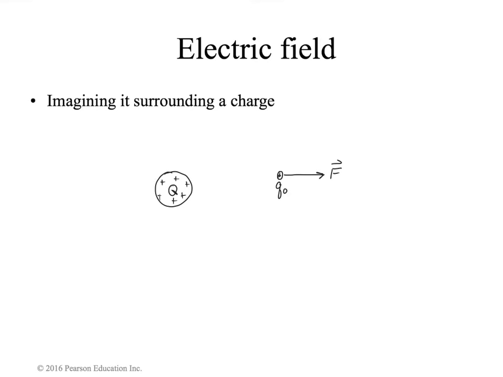We could explain that force as a consequence of Coulomb's law. Or we could say that there is an electric field extending away from this charge, and the reason that this charge feels a force is because of that electric field.